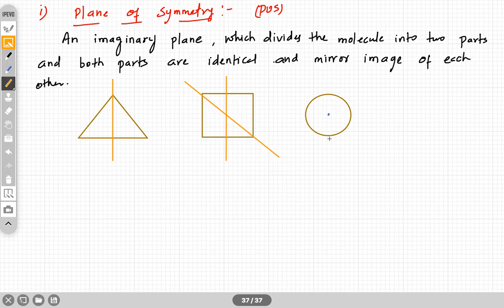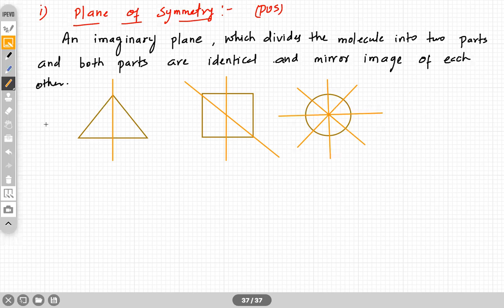Actually, an infinite number of planes of symmetry are possible. I'm just drawing a few over here, but there are infinite such planes possible which divide the circle into equal halves.